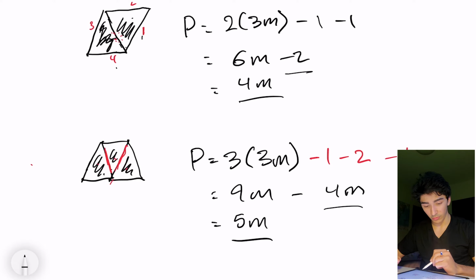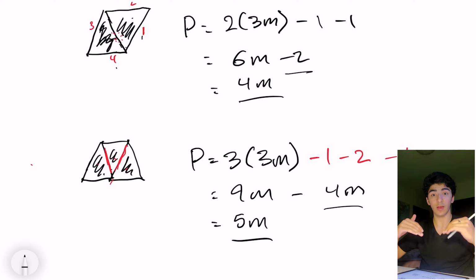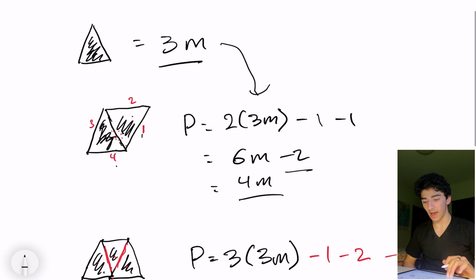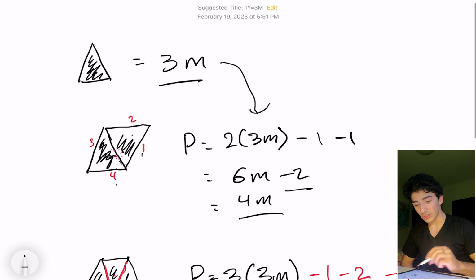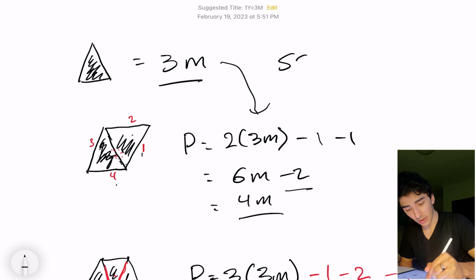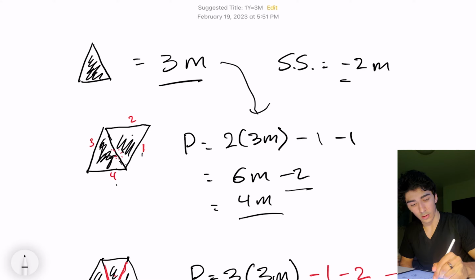And here there were 3 triangles touching, so it's minus 4, because there are 2 sides that are being shared. Okay, so we can think of this as each wet triangle is equal to 3 meters, and each shared side is equal to minus 2 meters.